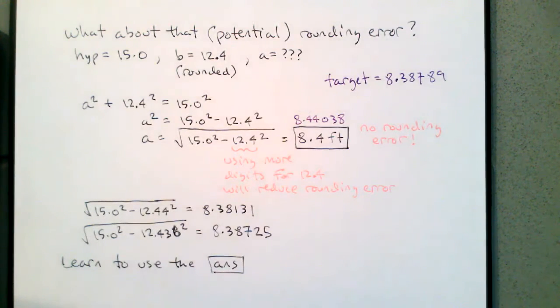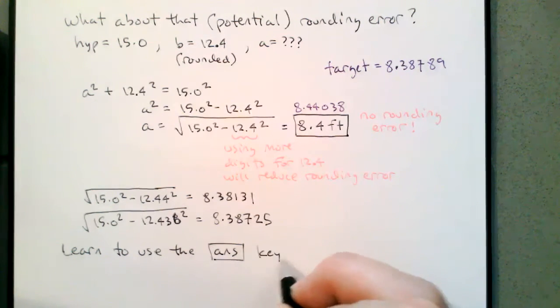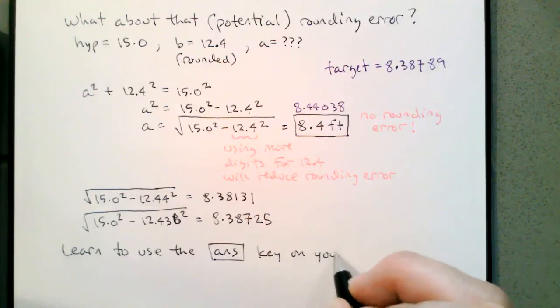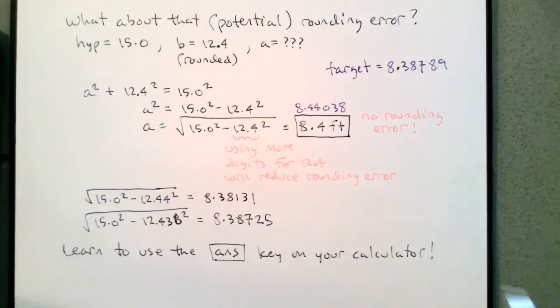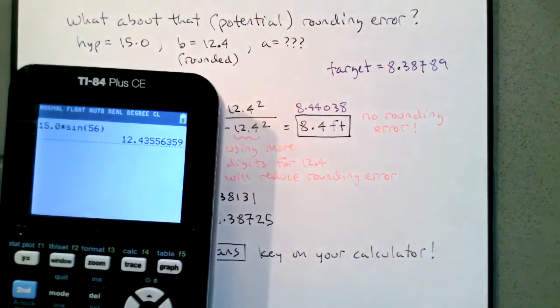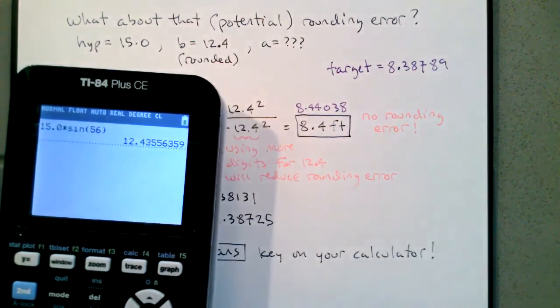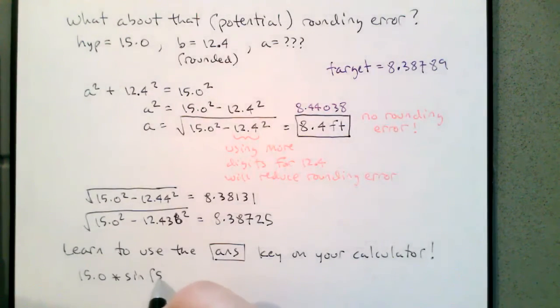Not the answer key where odd ones are in the back of the book or anything like that. I mean the key on your calculator that says ANS. So on our calculator, the most recent thing that we did is 15.0 times the sine of 56.